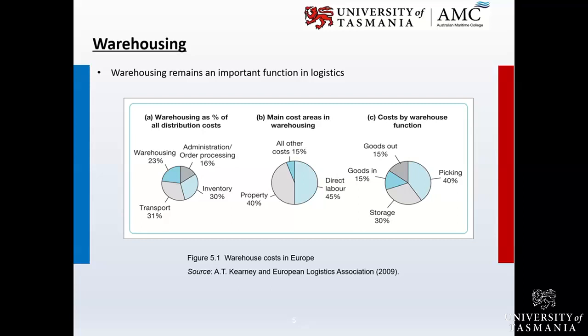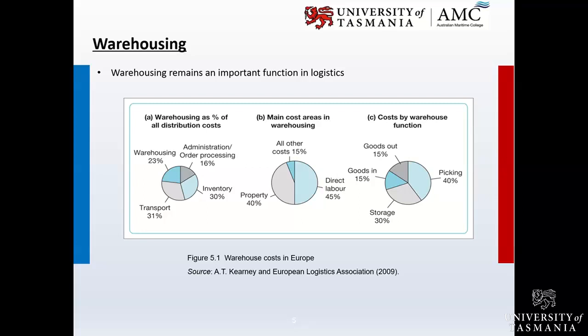Okay, next we have a look at the importance of warehousing activities. We look at this figure. First, we look at figure A. It shows the percentage of warehousing of the total distribution costs.